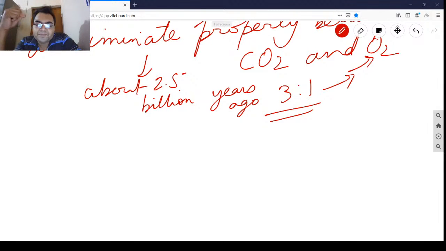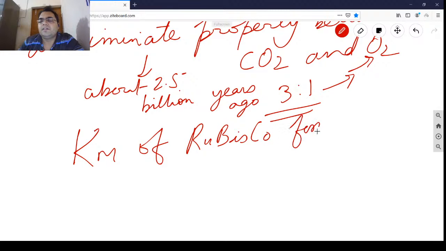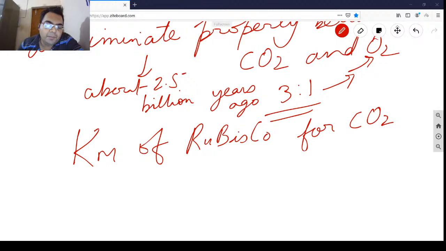So the thing is, the Km of Rubisco for CO2, I'll tell you the value, is 9 micromolar, whereas the Km for O2 is 350 micromolar.